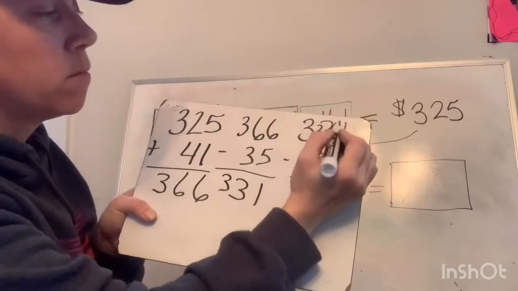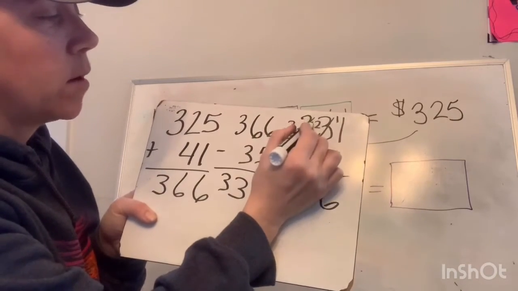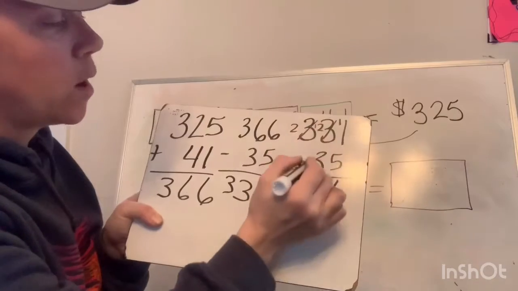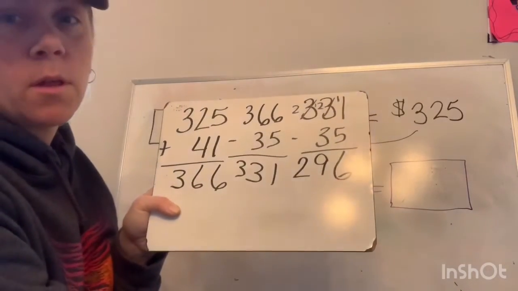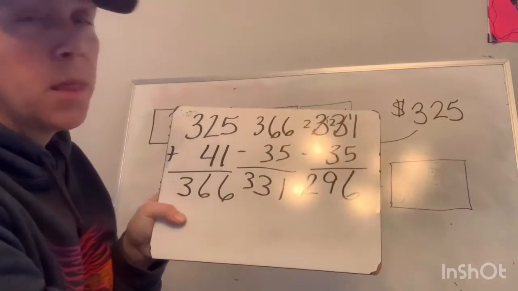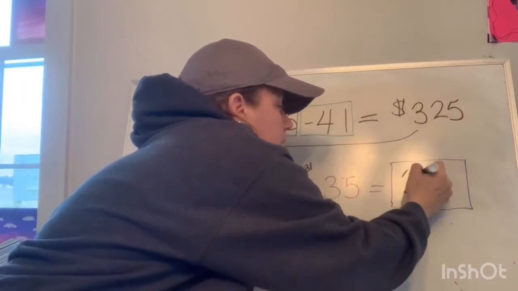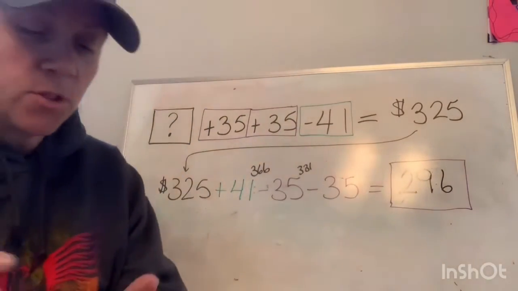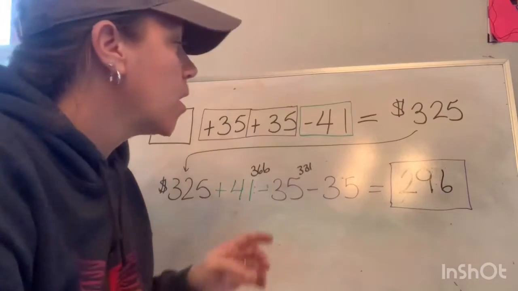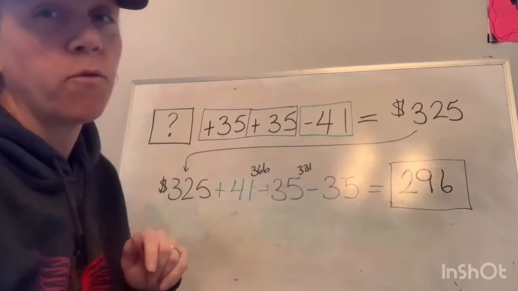I'm going to borrow. 11 minus 5 is 6. Borrow again. Regroup. 12 minus 3 is 9. Bring down the 2. 2 minus 0 is 2. So $296 is what I think we started out with. So I think he had $296 in the bank before he added the 35s and subtracted the 41.